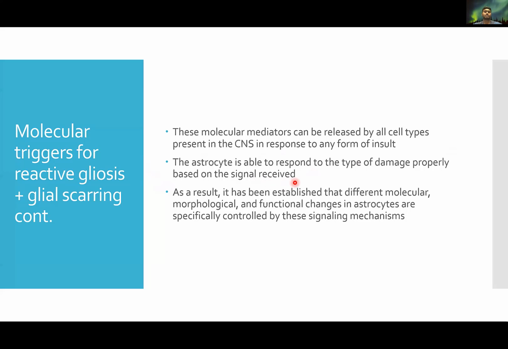So I have this certain effect, which should be the proper response to that trauma. And finally, as we said just now, these signaling molecules directly control reactive gliosis and how it changes the functioning and morphology of the cell.